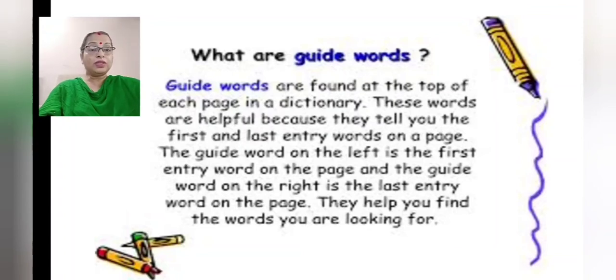The guide word on the left is the first entry word on the page, and the guide word on the right is the last entry word on the page. They help you find the words you are looking for. That means you will understand from which word to which word you will find on that particular page.